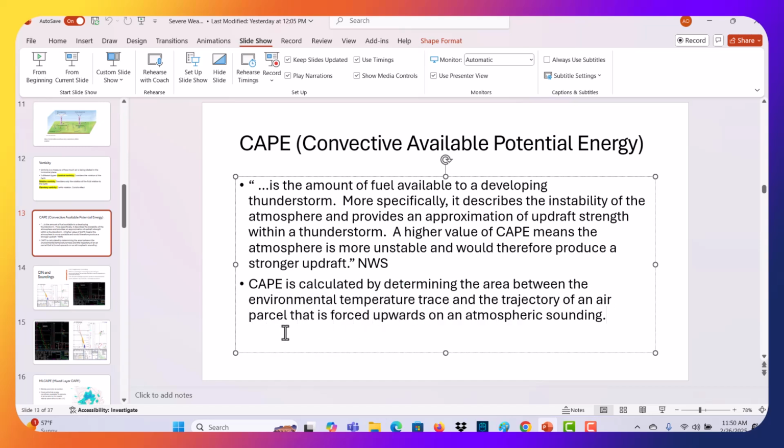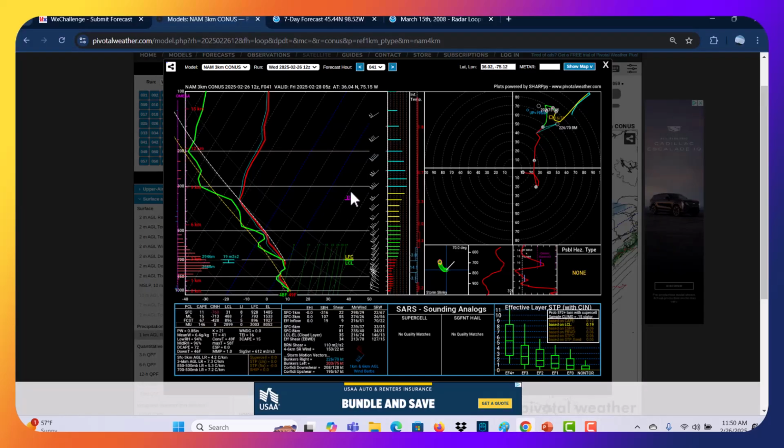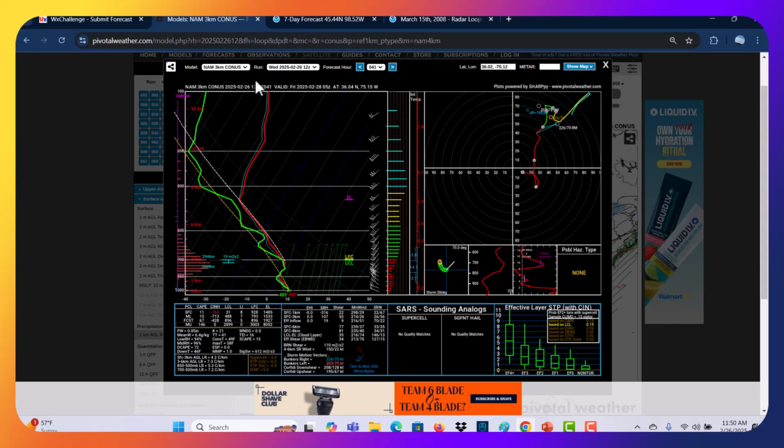So, the environmental temperature and the air parcel. Well, what is that on an environmental sounding? This on the left here is our environmental sounding. This is a vertical representation of what's going on directly above us in the atmosphere.